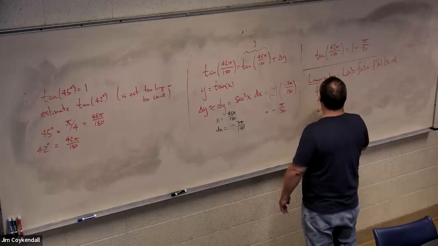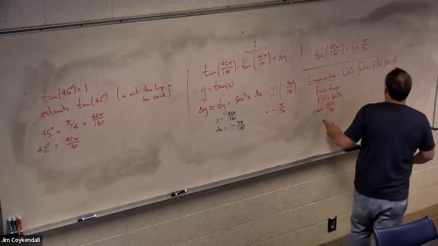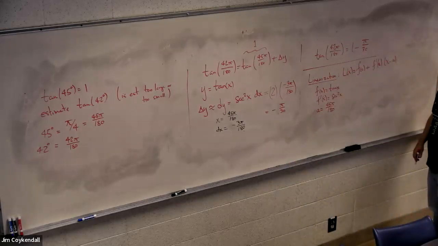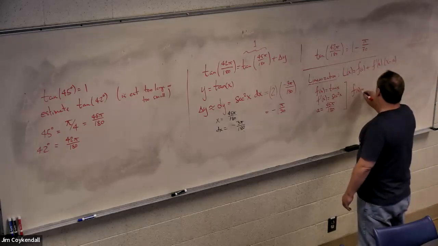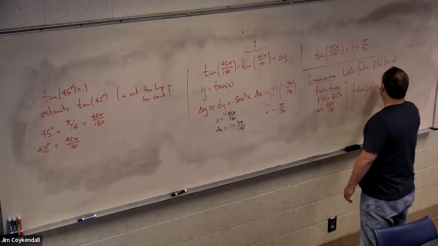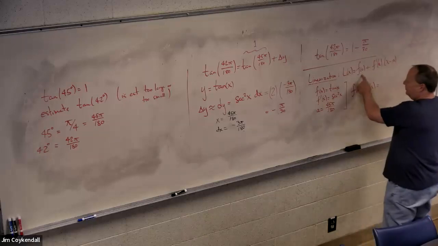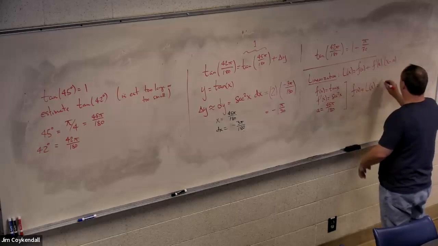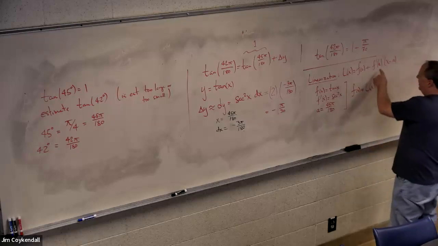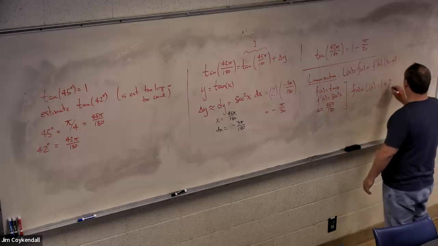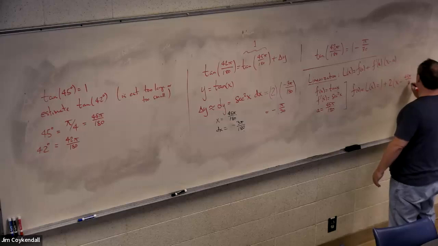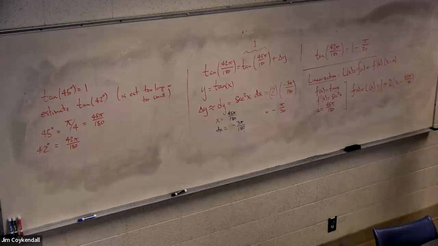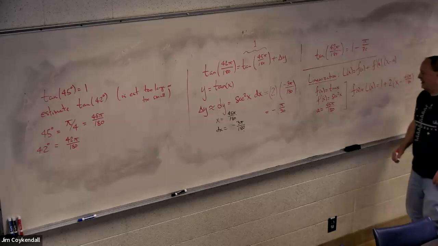And here a is 45 pi over 180. It's the anchor point where I know this. So assuming that f of x is approximately the linearization, which in this case is tangent of 45 degrees, which is 1, plus f prime of 45, we already figured that out, that's 2, times x minus 45 pi over 180, which is my angle.